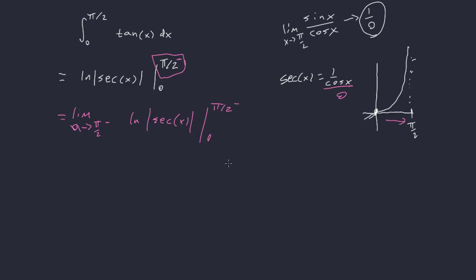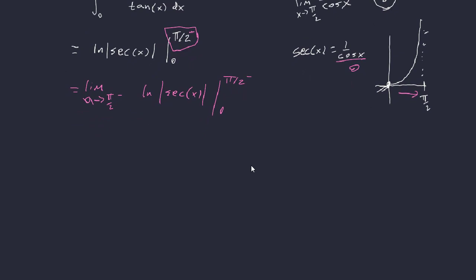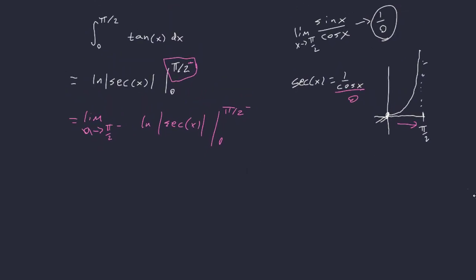All right, so this will be the limit as a goes to pi over 2 from the negative side.